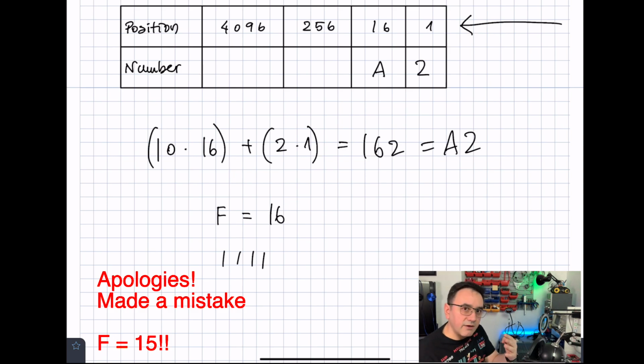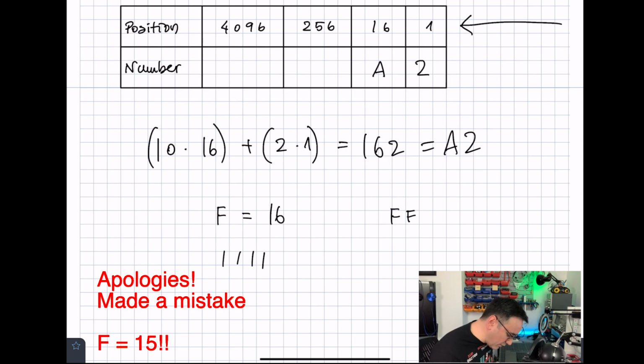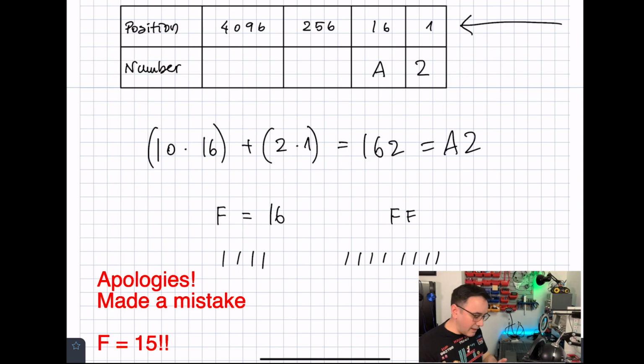So what if we have FF? That would be 2 sets of 4 bits, basically 8 bits. So that would be 1, 1, 1, 1, and 1, 1, 1, 1. And that's 8 bits. That's a full byte, full of ones.